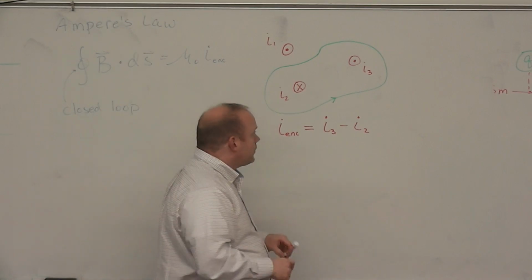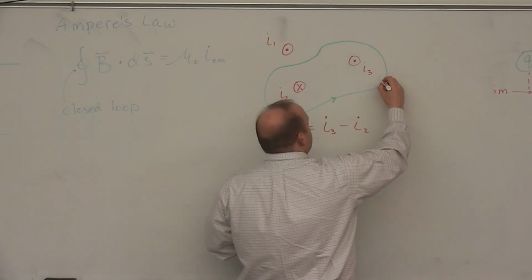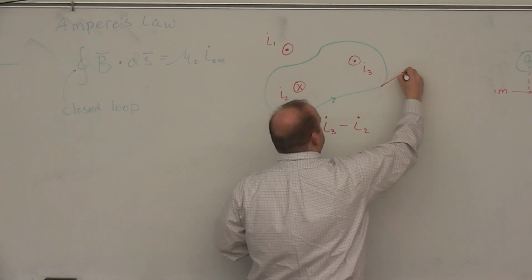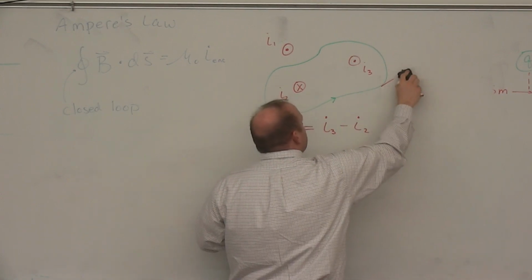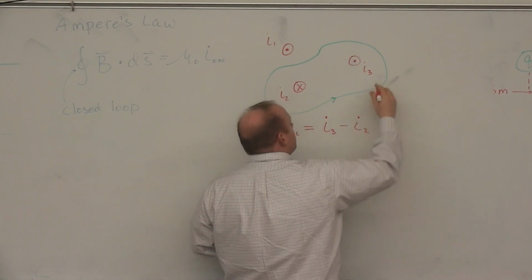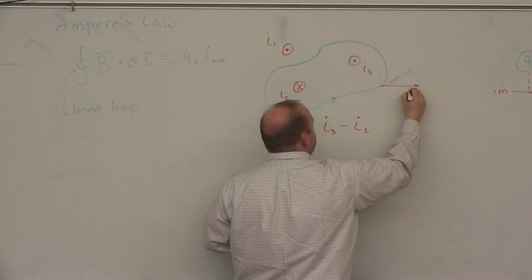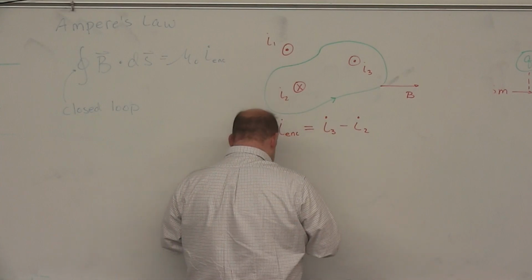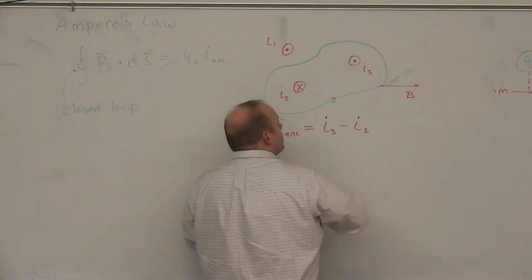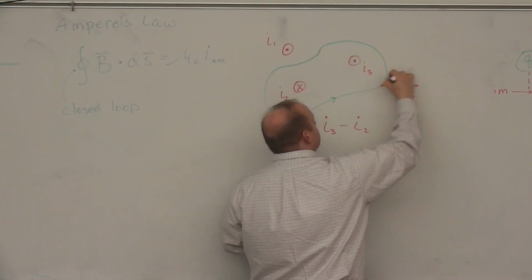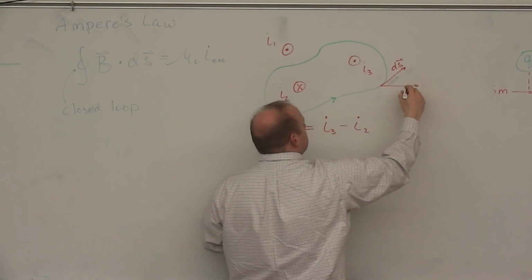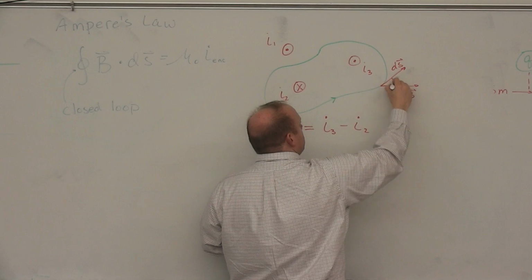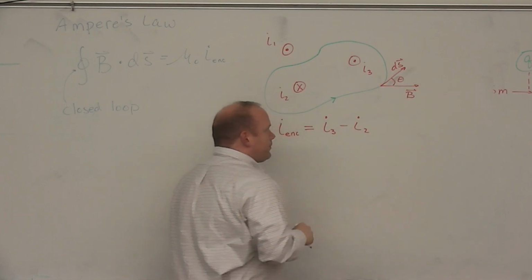So now, let's just say my magnetic field goes in that direction. And ds is always tangent to our path. This is going to be our ds. And this is our B, and that's going to be theta.